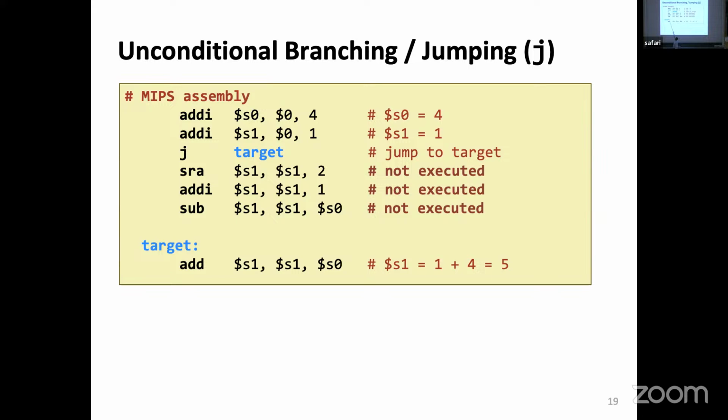Normally, when you are here, the program counter points to the next instruction. And when you execute this one, the program counter points to the next one. They are all addresses in the memory. What we are going to do when we jump is manipulate the program counter.